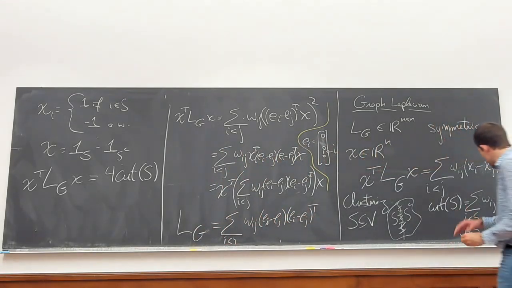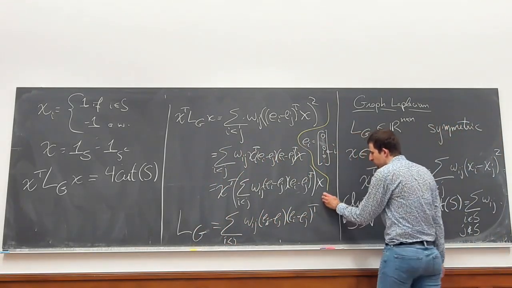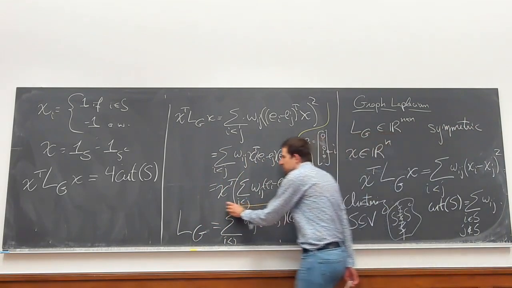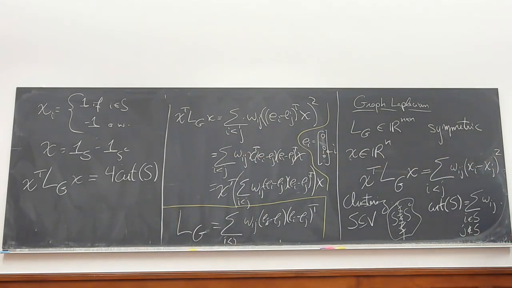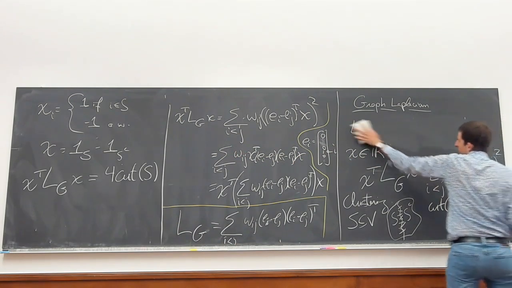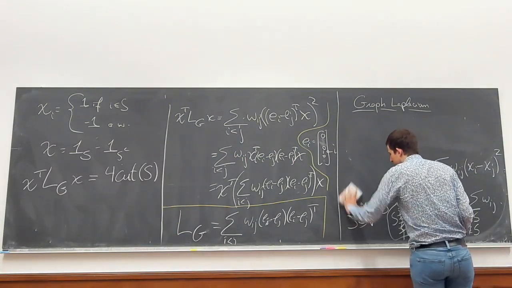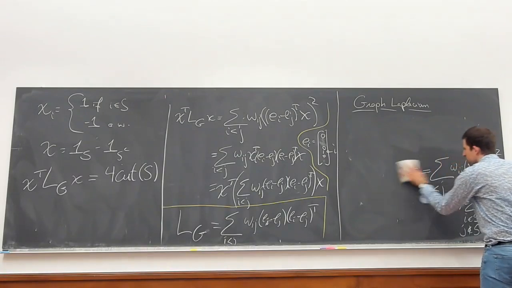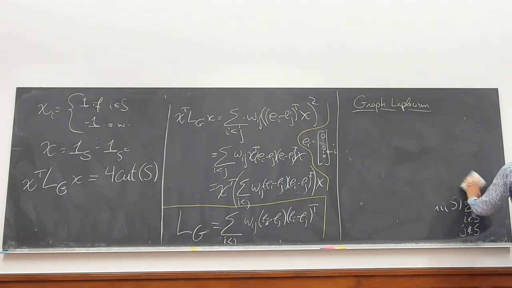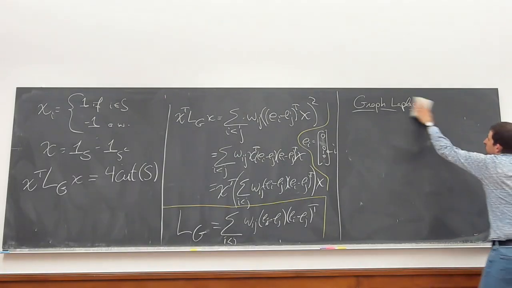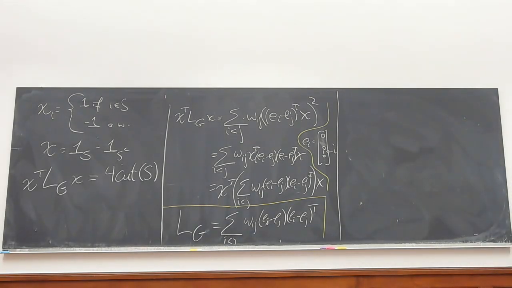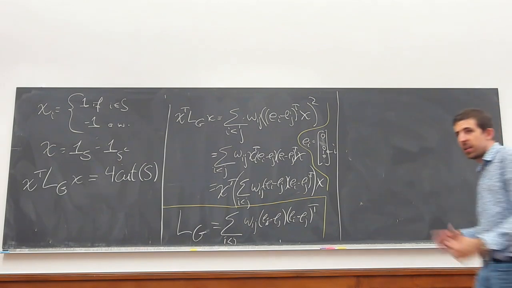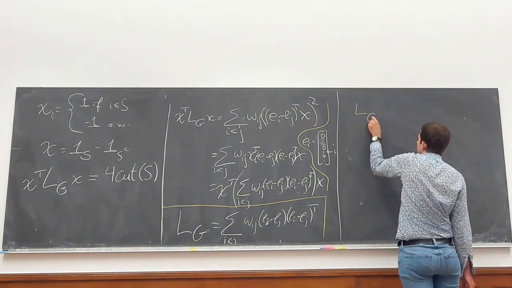It's simply this, and this is basically the most important matrix in spectral graph theory. Right, so let's see if we understand exactly what the entries of this matrix are like.